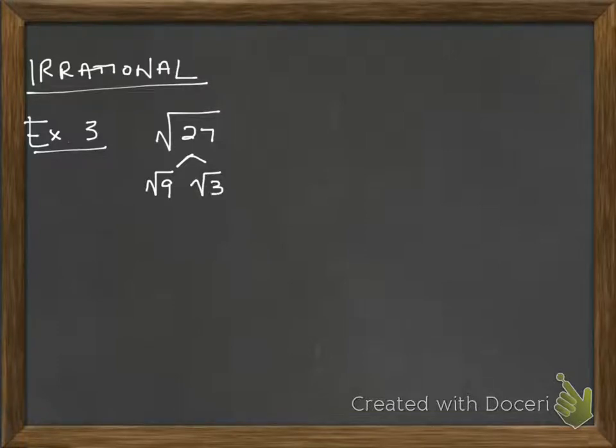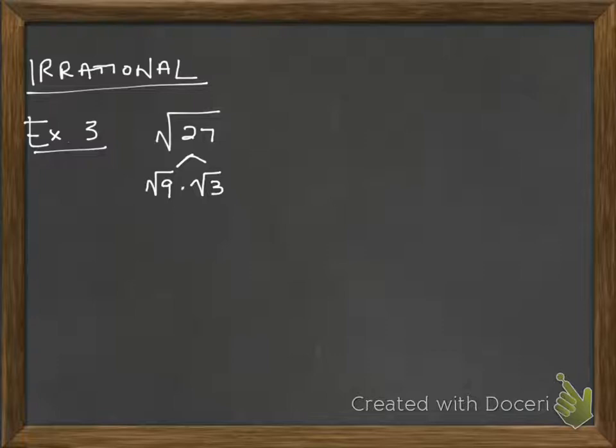Now some teachers don't do it with the radical sign. I want to do it with the radical sign because what that radical sign tells you is that you have not simplified the radical out yet. You've changed the square root of 27 to the square root of 9 and the square root of 3, and this is multiplication. Okay, so can I simplify the square root of 9?